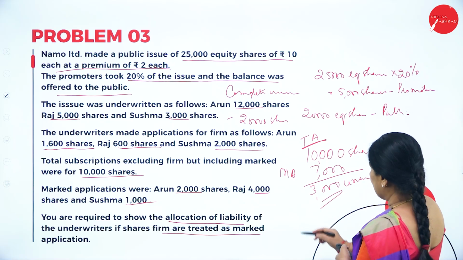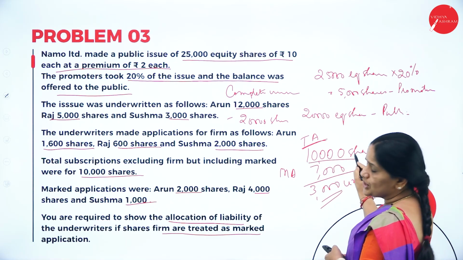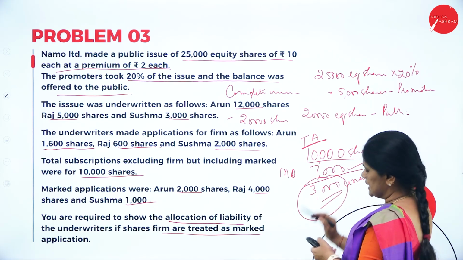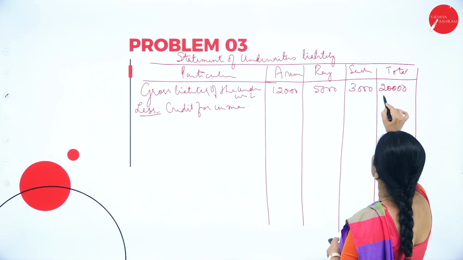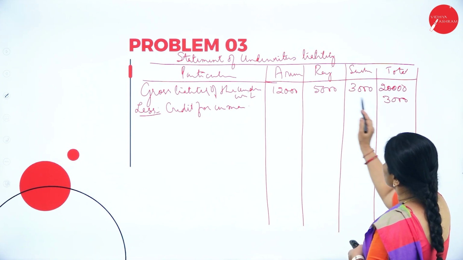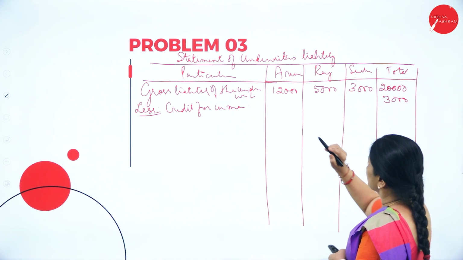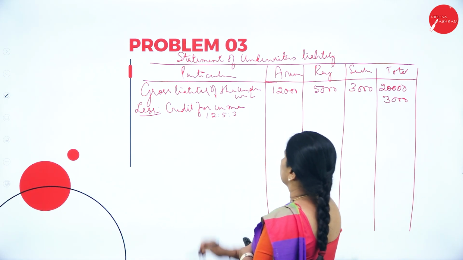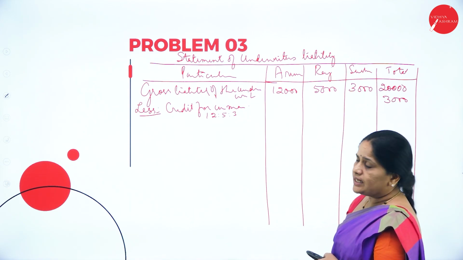Total application is 10,000, marked is 7,000, unmarked is 3,000. Now this 3,000 I have to share in the ratio 12:5:3.